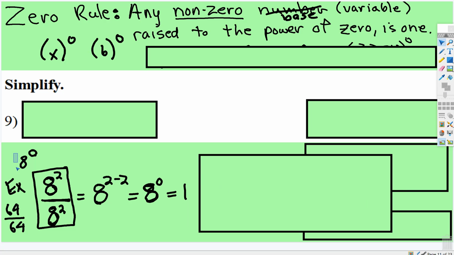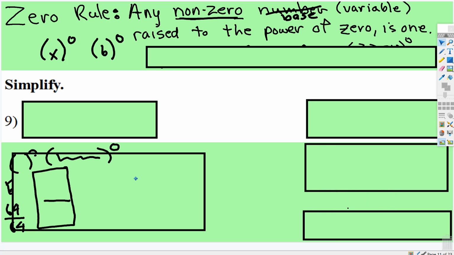So even though it's weird to look at, anytime you have a non-zero value to the 0 power, even if there are 500 things in here, to the 0 power is going to equal 1, because all of those things just mean that they were originally divided by themselves, and then you apply the quotient rule to simplify to a value to the 0 power, which is equal to 1.